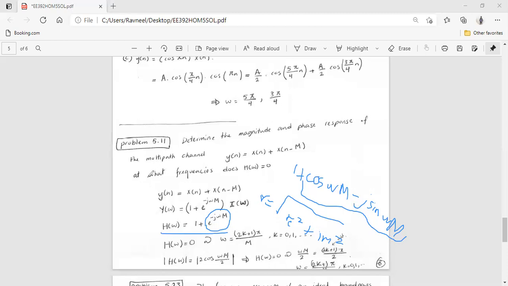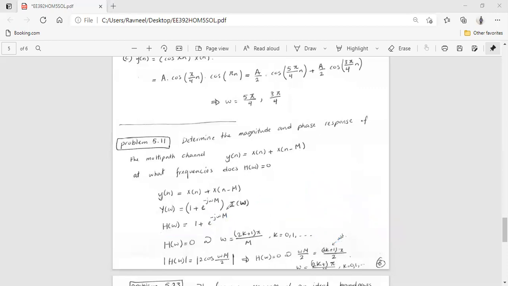Now we need to determine at what frequency H of omega is equal to 0. We can see that in this case our magnitude will be equal to 0. In order to determine the frequency, we can just set the magnitude of H of omega equal to 0.